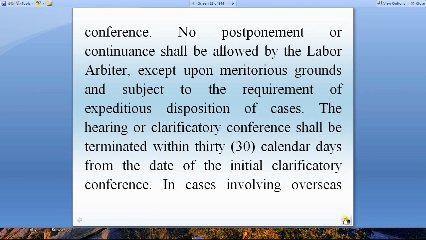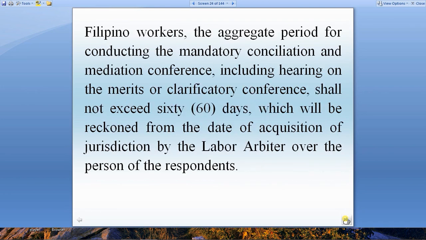So, matatapos ang clarificatory hearing within 30 calendar days from the date of the initial clarificatory conference. So, in cases involving overseas, ay shall not exceed 60 days. Siyempre, ito ay galing pa sa ibang bansa, which will be reckoned from the date of acquisition of jurisdiction by the labor arbiter over the person of the respondents.